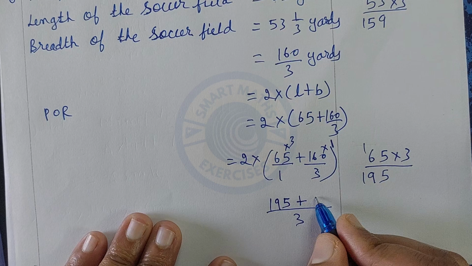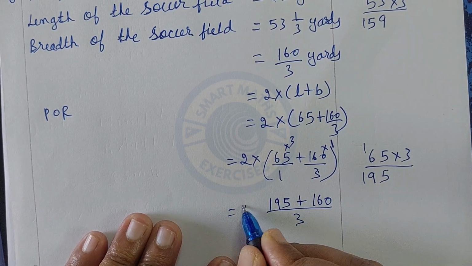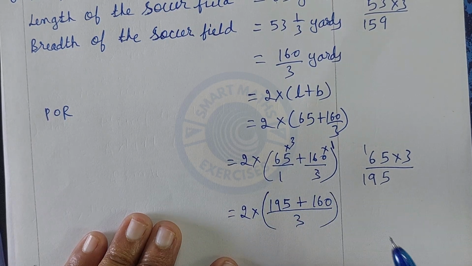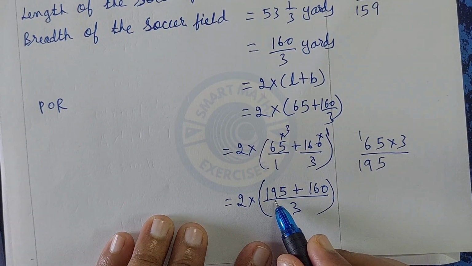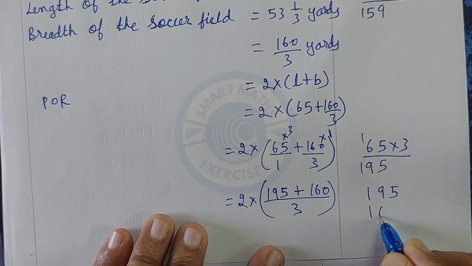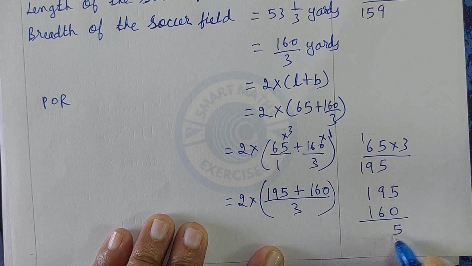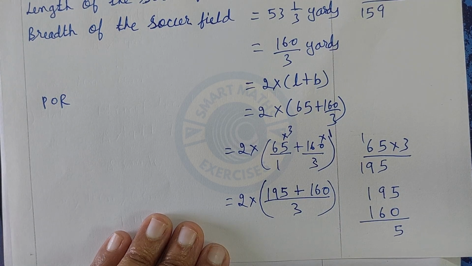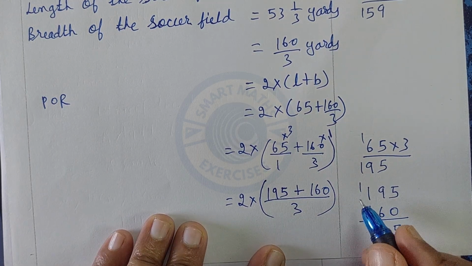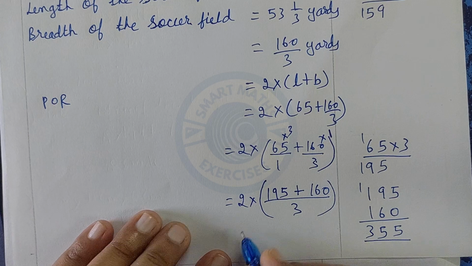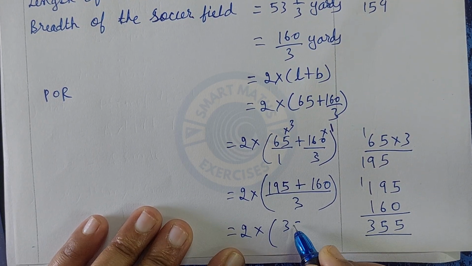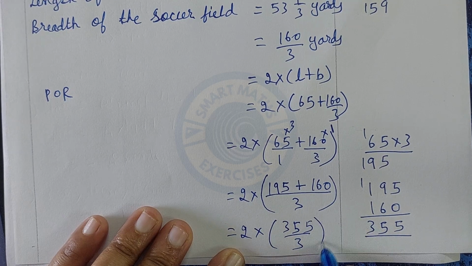plus 1 6s are 160. Keep this 2 as it is. Now add 195 plus 160. 5 plus 0 is 5. 9 plus 6 is 15. 1 plus 1 plus 1 is 3. 355 by 3 equals to 2 into 355 by 3.